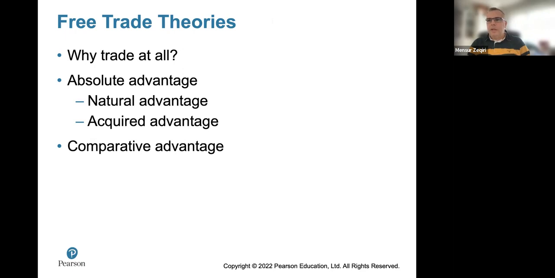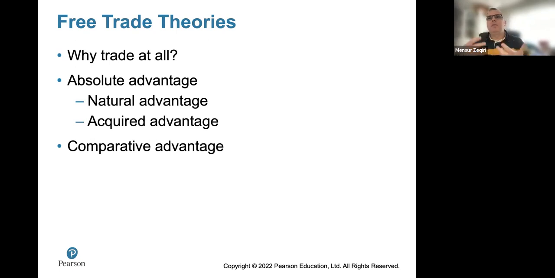If there is something that you can buy more cheaply abroad, why waste resources to produce that in your country when production would cost you much more than buying abroad? So then you focus on doing something which you can do more efficiently, and with the money that you get from selling this thing, you can buy the other thing that costs much less in some other countries.